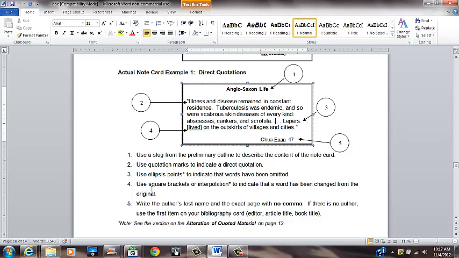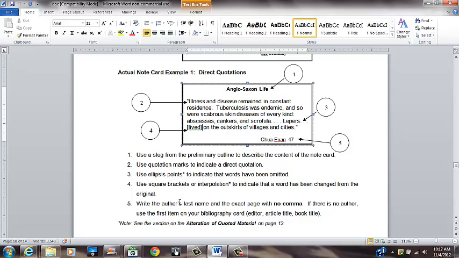Use square brackets, or interpolation, that's these right here, to indicate that a word has been changed from the original. Let's say that the word is so archaic that no one would understand what it means. You might want to change that. I would recommend not doing that, but just in case you need to, that's the proper way to do it.